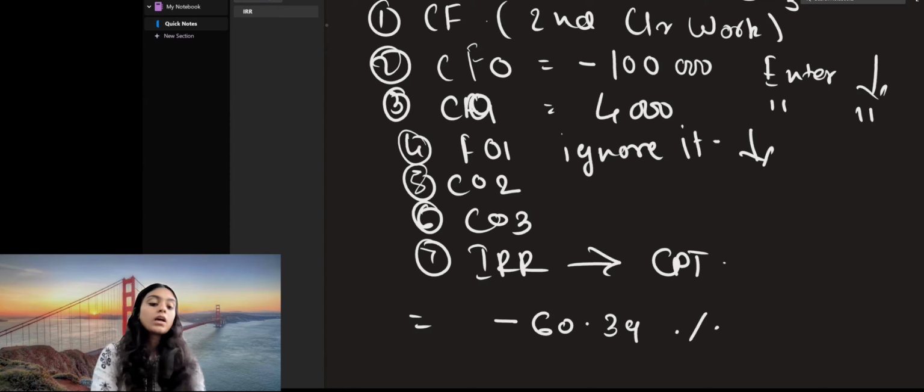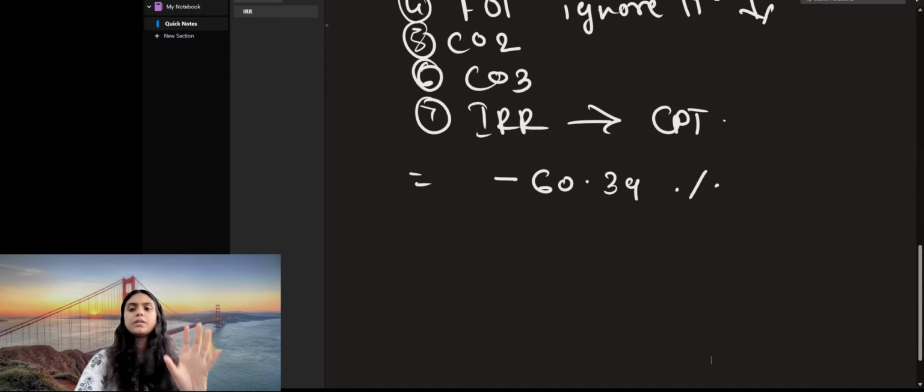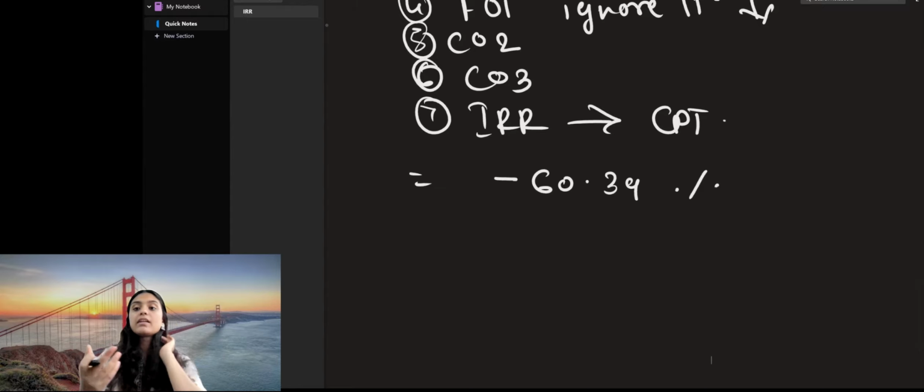Okay. So now moving forward, this is a very simple sum. And at the end of this, there's one more topic, that is assumptions that will affect the result of IRR. After that, we'll see two, three sums which are very different and you can solve them on this calculator, and it is related to this IRR only.